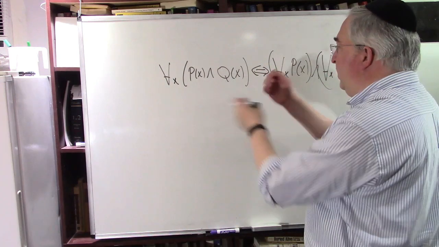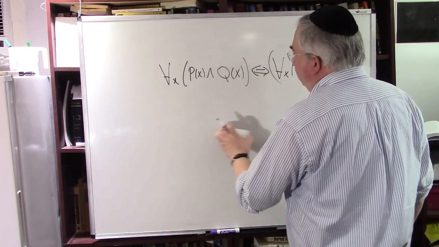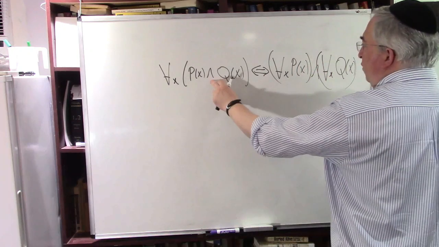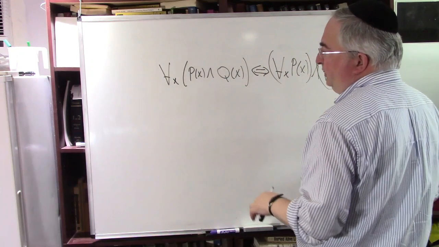Well, you just rearrange all your ANDs, and you have this. Now, it's not necessarily true if this was an OR and this is an OR, it won't work out. It would be true one way, but not the other way.